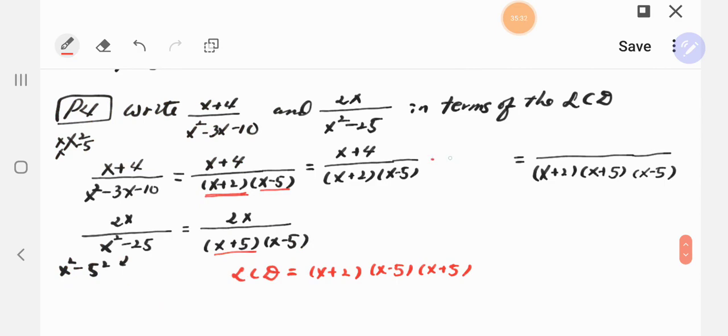So what should we multiply the denominator by to make the LCD? Let's find the missing factor. We have x plus 2, x minus 5, and what we need is x plus 5. So the factor x plus 5 is missing from this denominator. So multiply the numerator by x plus 5. So the numerator becomes x plus 4 times x plus 5.